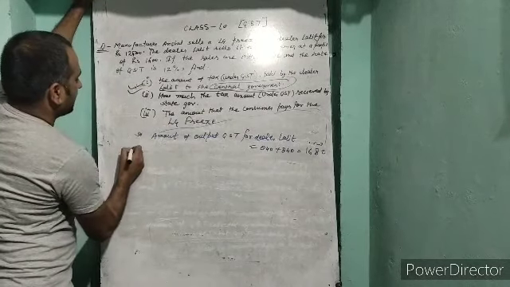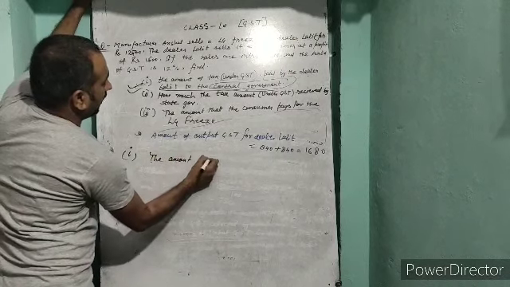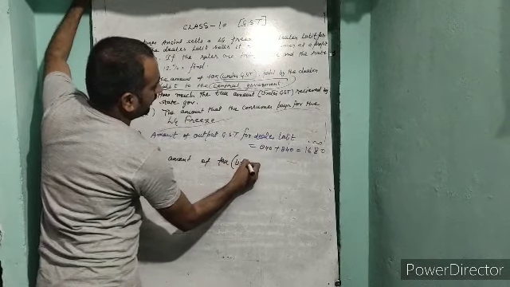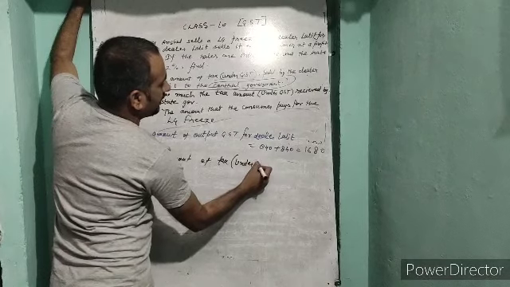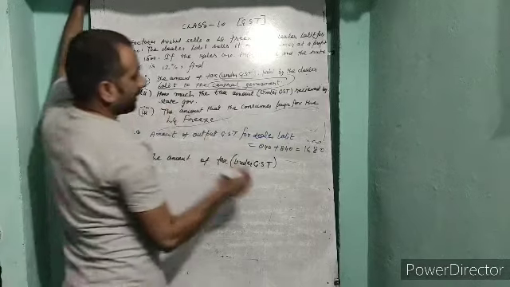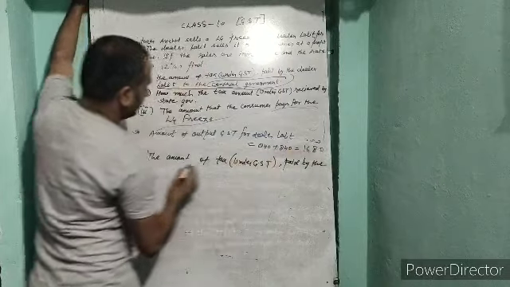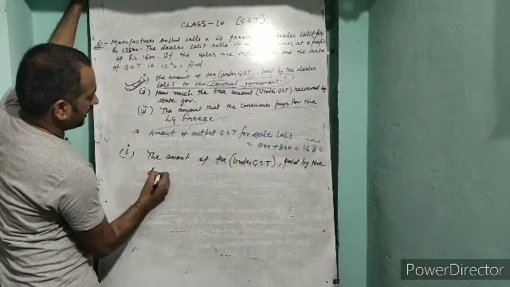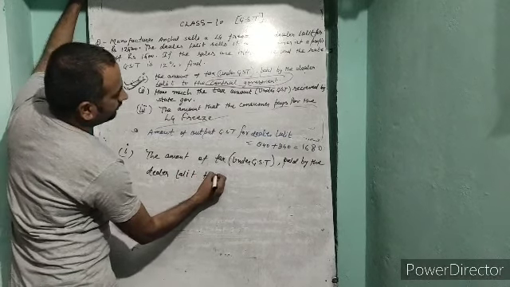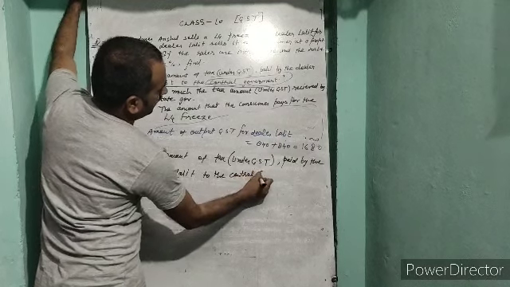So for the first part, see here. I am writing both these lines: the amount of tax under GST paid by the dealer Lalit to the central government.